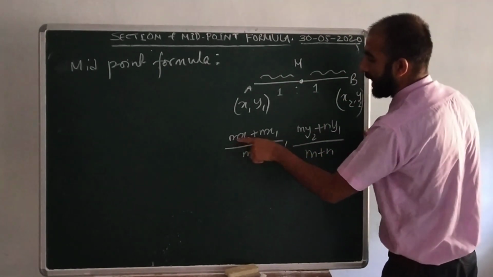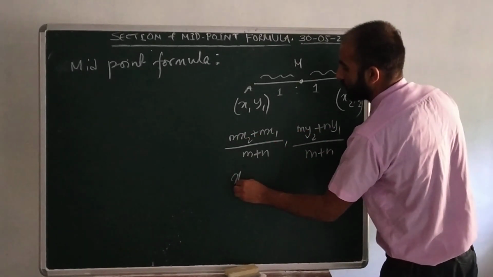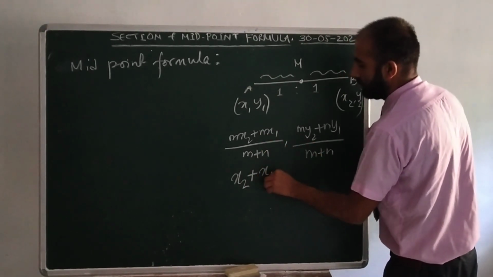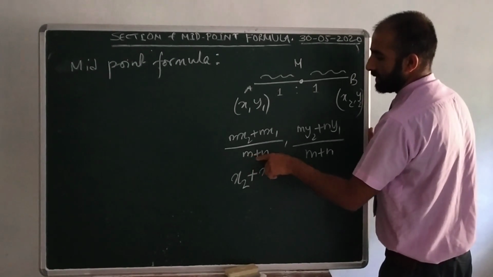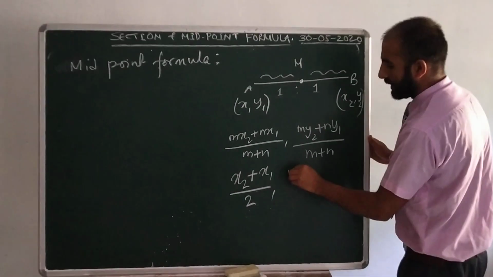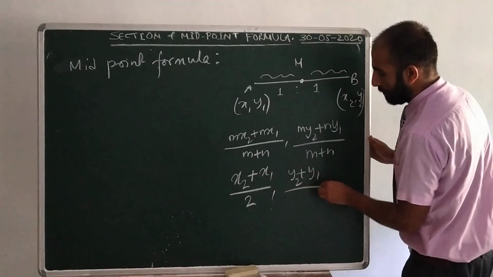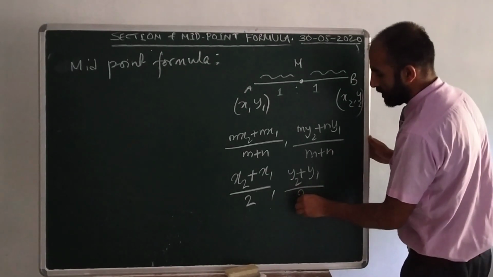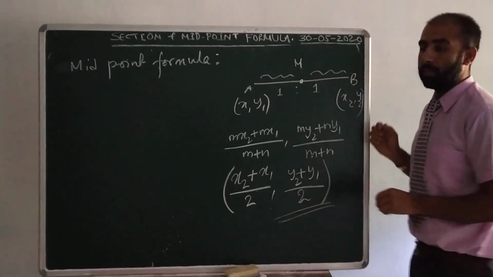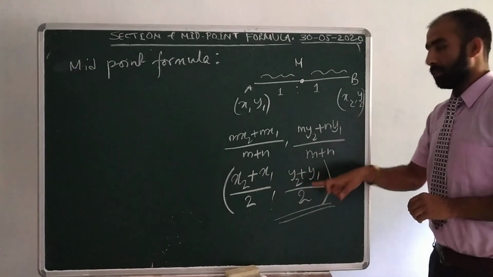So if you put 1 in place of m and n respectively, then 1 into x2 it will be x2 plus 1 into x1 it will be x1, by 1 plus 1, that is 2. Similarly, 1 into y2, that is y2, 1 into y1, that is y1, by m plus n, that is 1 plus 1, 2. So this is our midpoint formula: x2 plus x1 by 2 and y2 plus y1 by 2.